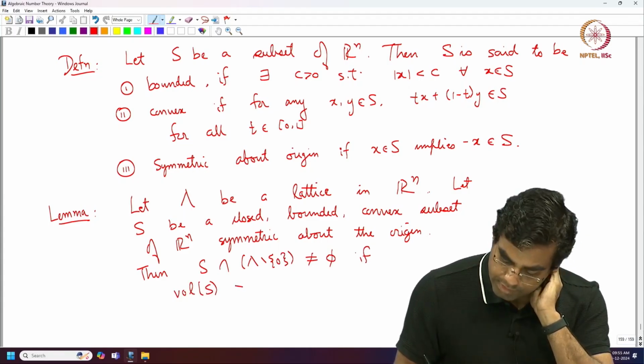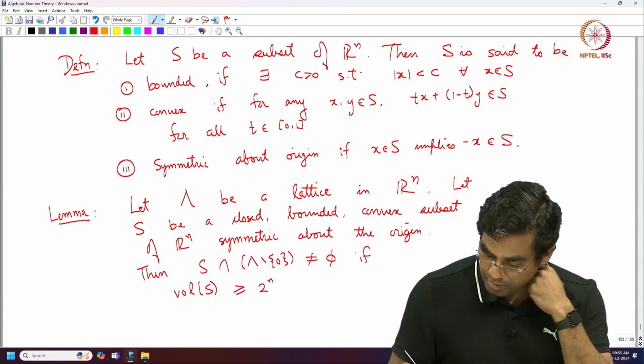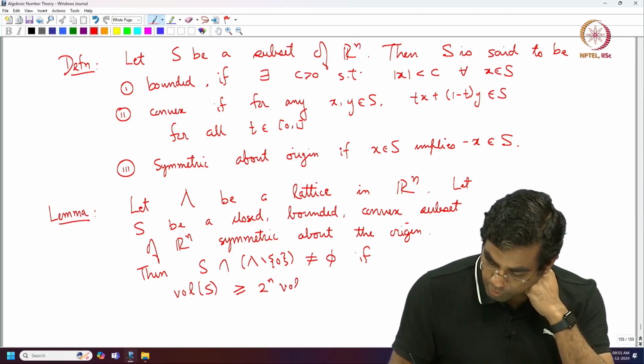So, volume of S is bigger than or equal to 2 to the power n, this n being the same as the dimension of R to the n, volume of R to the n mod lambda.